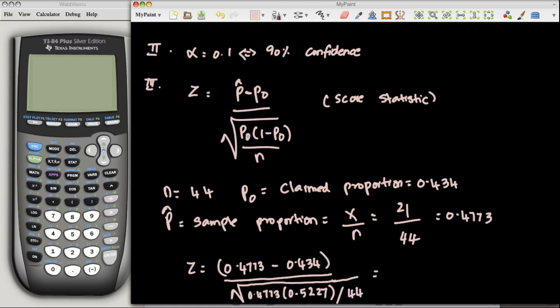If you plug this in the calculator, you'd find the answer to be 0.5791. So that is the test statistic.